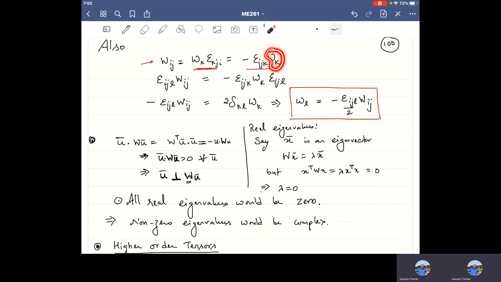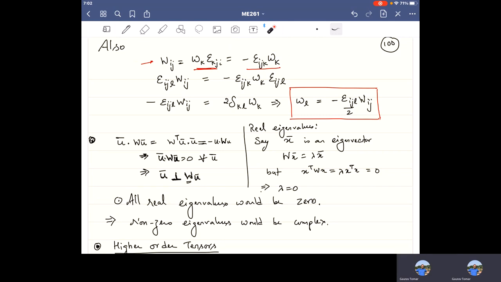The goal is to get the w_k components in terms of W. Previously, we had obtained W in terms of the axial vector's components. So we are doing the other way around now, so that you can show that it's going to be unique in a way.